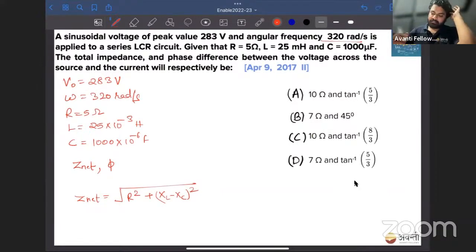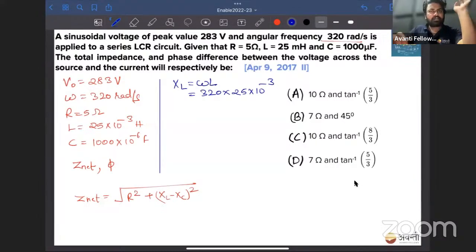Already we have R. So if I calculate XL, which is omega L, omega is 320, inductance is 25 into 10 to the power minus 3. So this will be 25 by 1000. 25 by 100 is 1 by 4, so 25 by 1000 is 1 by 40. If I cancel here and write 40 here, this gets cancelled out and it is 8 ohms.